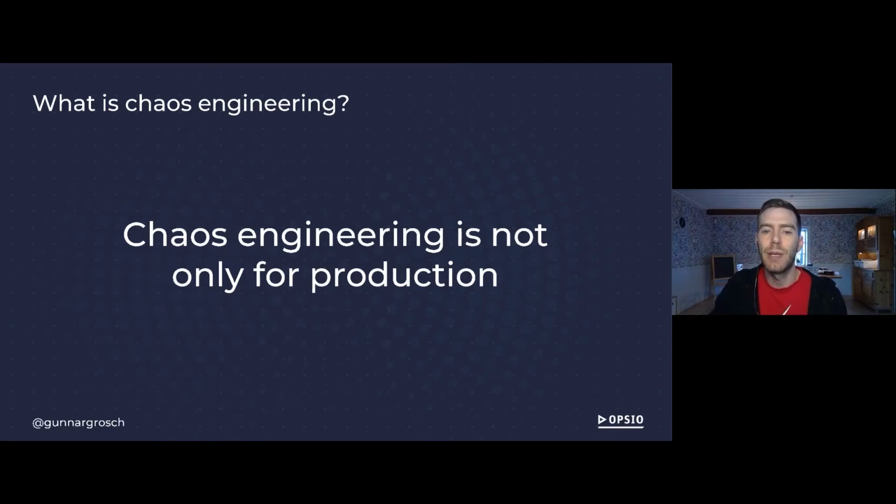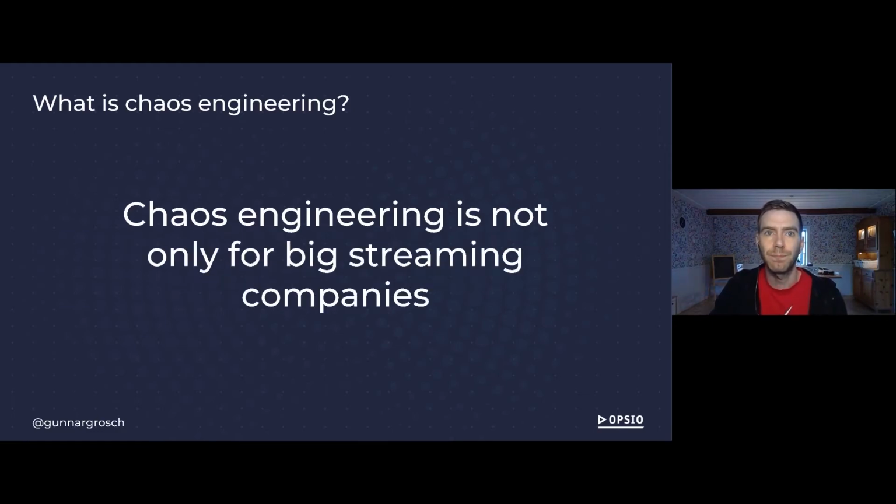And you can do experiments in test, in dev, in staging, in a playground environment. The more production-like, the better. But think about replaying traffic, using it with load testing and so on, if you're unable to do it in production yet. There are a bunch of companies doing chaos engineering successfully without doing it in production.